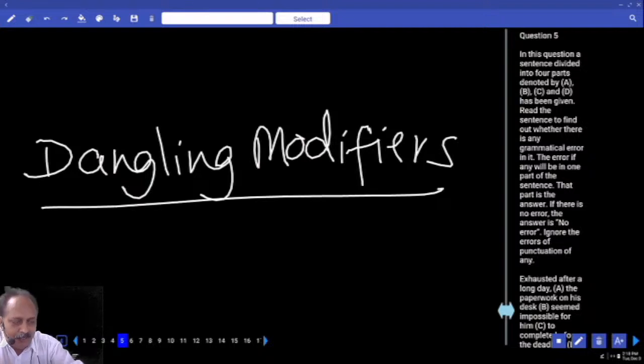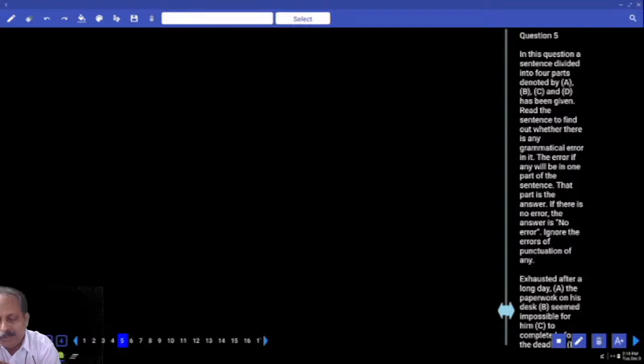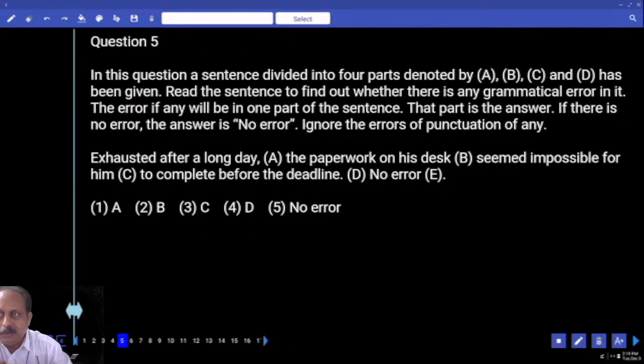Even Britishers, Americans, they have to learn this. What are these dangling modifiers? Dangle means something like hang. Modifier, something that changes. So people make a mistake. In fact, books have been written based on dangling modifiers. Let us go to the sentence, then I will explain.